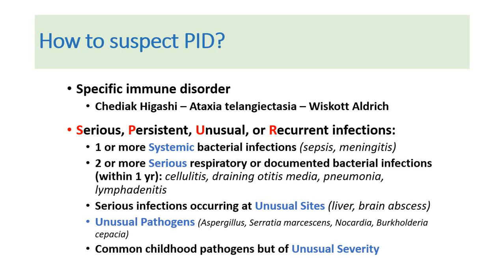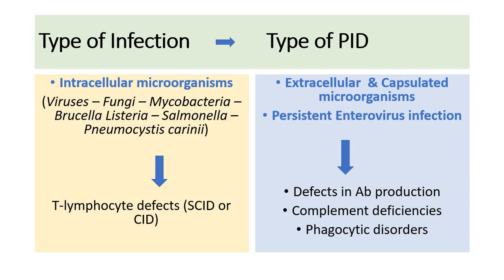But what kind of infections will lead to suspecting primary immune deficiency? We call them the SPUR infections: serious infections, persistent infections, unusual in site, unusual in severity, unusual in the type of organism, and R stands for recurrent infections and runs in the family. The type of infection may predict the type of primary immune deficiency.